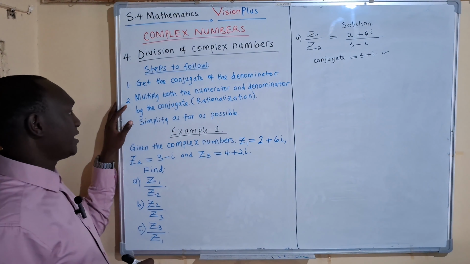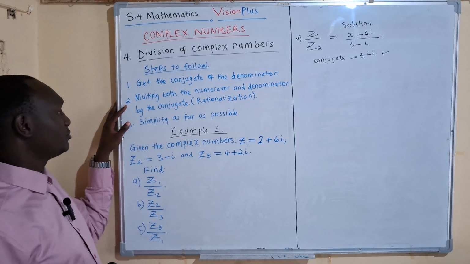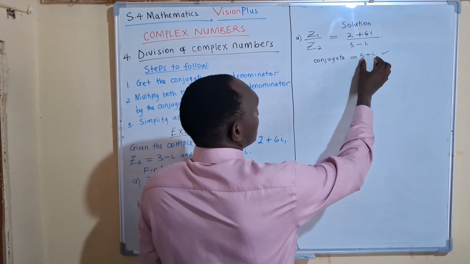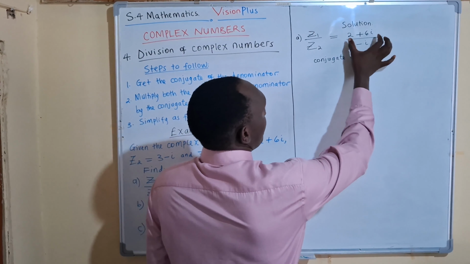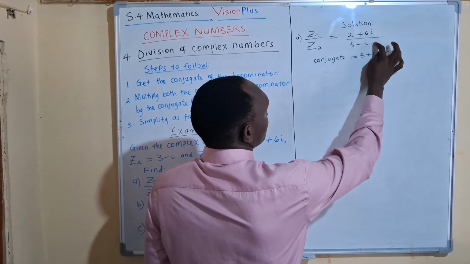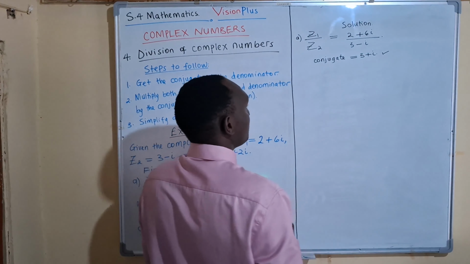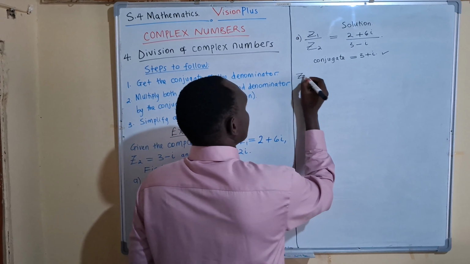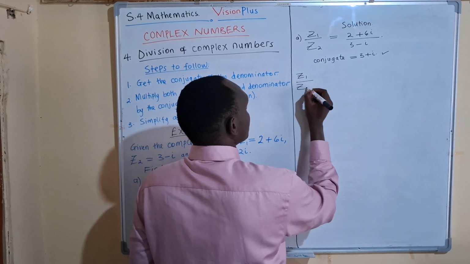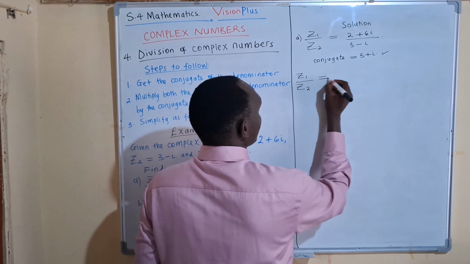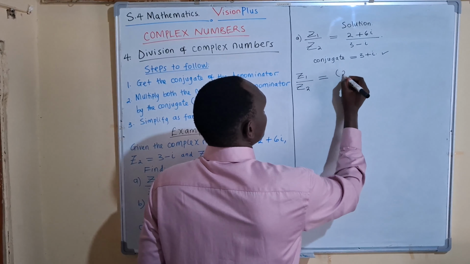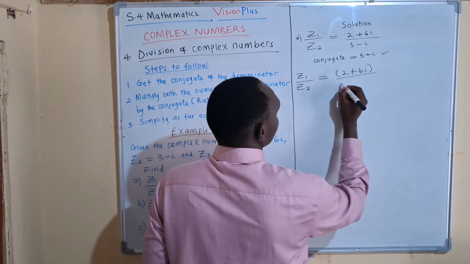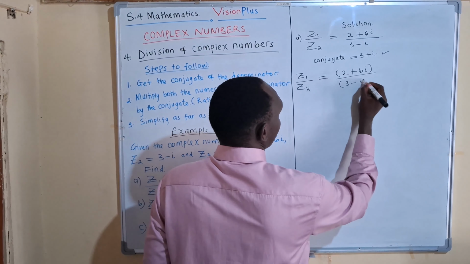Step 2 is multiply both the numerator and the denominator by the conjugate. So after getting the conjugate, we shall now multiply the numerator and the denominator by the conjugate. How would it look? Z1 divided by Z2 becomes 2 plus 6i out of 3 minus i.